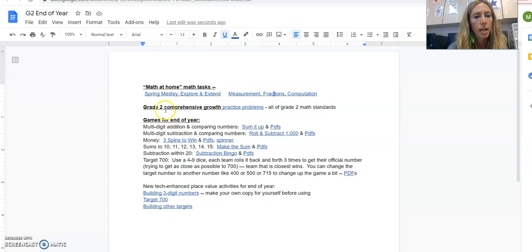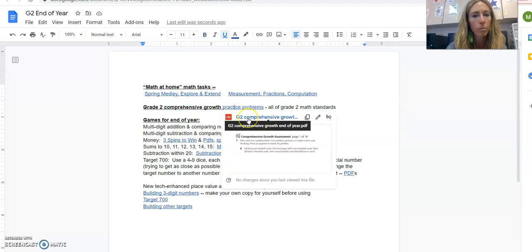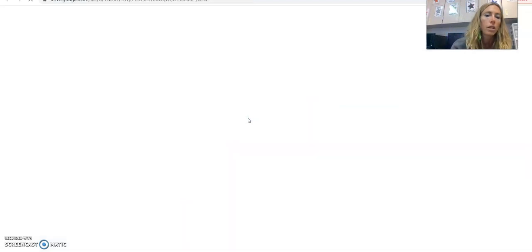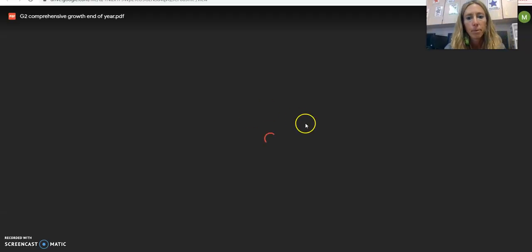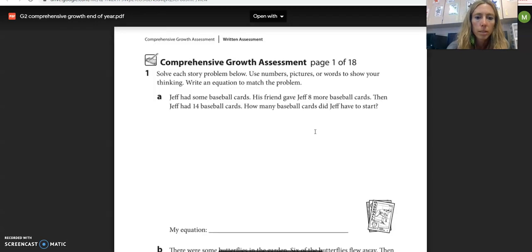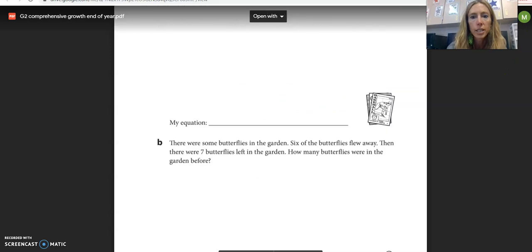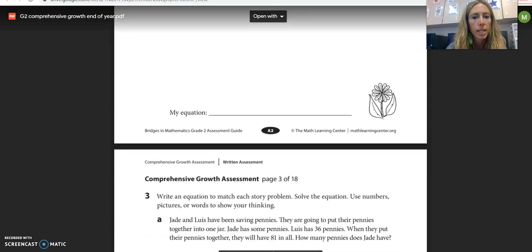Okay, then I put as a second resource the grade 2 comprehensive growth assessment, but you would just use it for practice problems throughout the rest of the year. So you could put up a few problems that day, or we work on one problem that you like from one of the pages, or you hand out one of these pages.